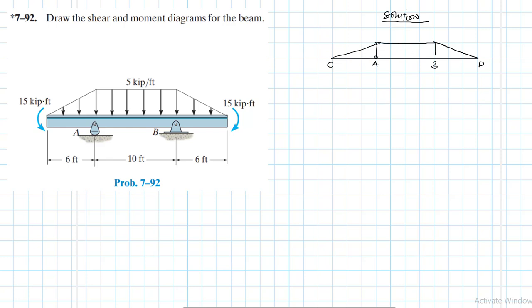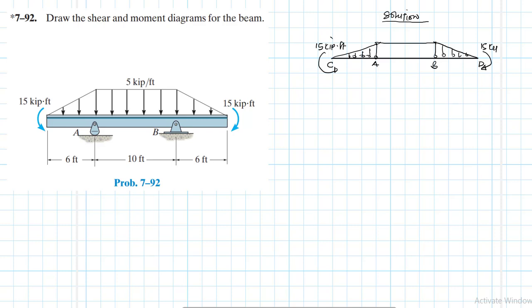And when you look at this loading here, it is symmetrical. You expect also the reactions to be symmetrical. So we have a couple moment at the very end there at C, which is also there at D.